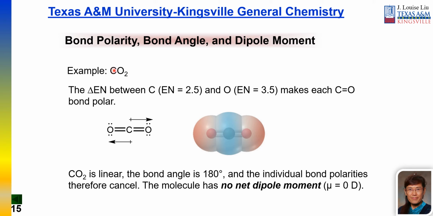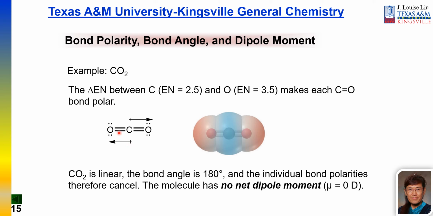For example, you have CO2. A couple minutes ago, I mentioned carbon dioxide is a non-polar molecule. The carbon-oxygen bond is a polar bond. The reason is the electronegativity of carbon is 2.5, oxygen 3.5. Therefore, the carbon-oxygen bond is a polar bond. Electronegativity difference results in the bond polarity.